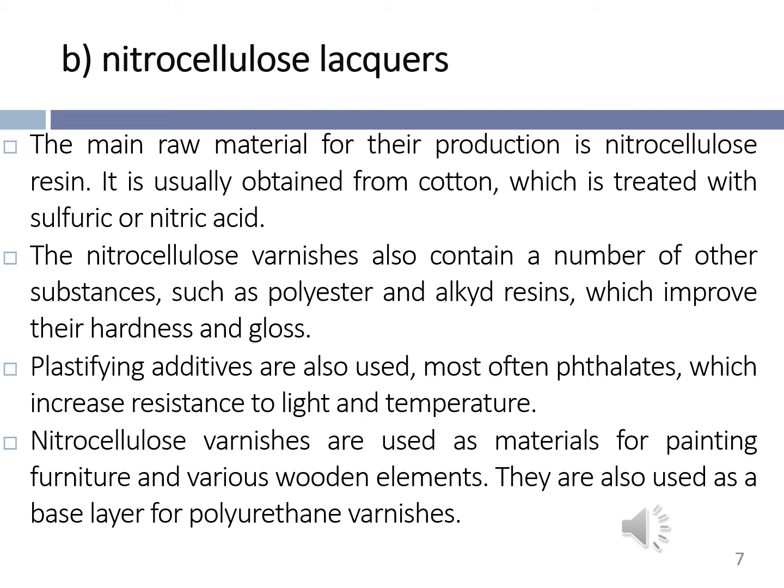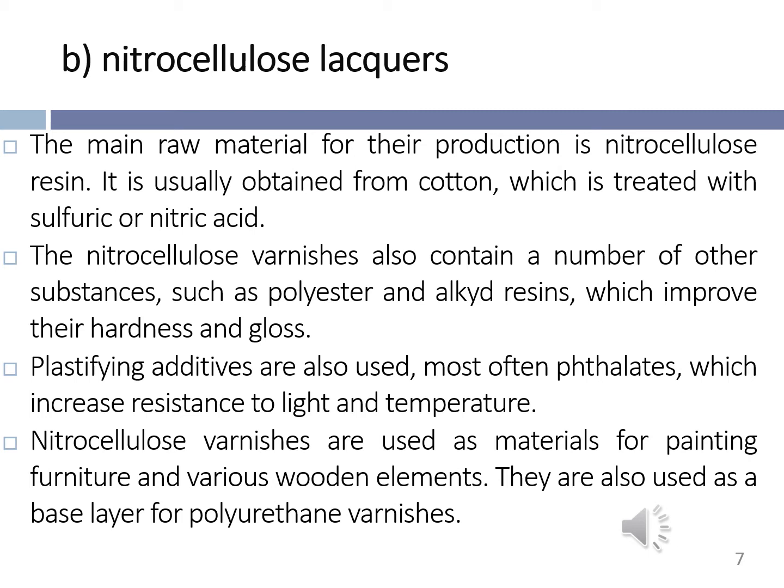So, the major raw material which is involved in the production of nitrocellulose lacquer is nitrocellulose resin. How can we obtain the resin? The resin is usually obtained from cotton, and this cotton is treated further with sulfuric acid or nitric acid.